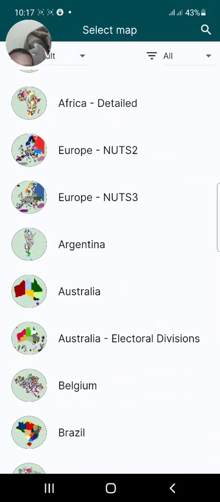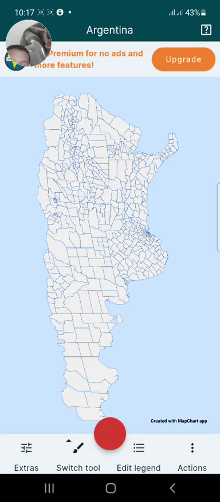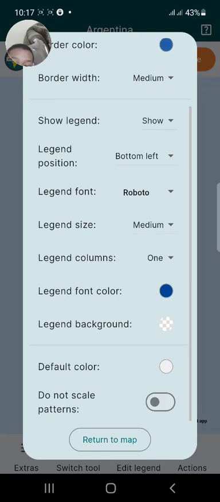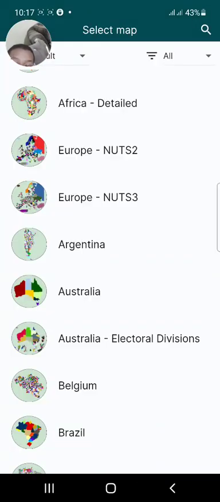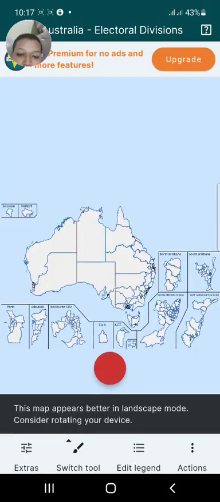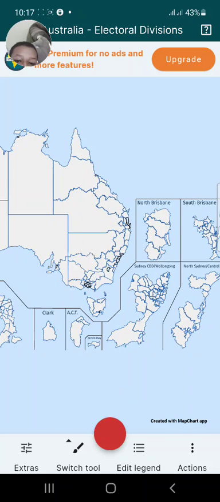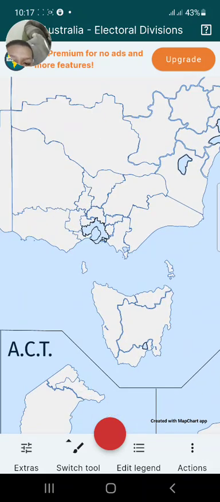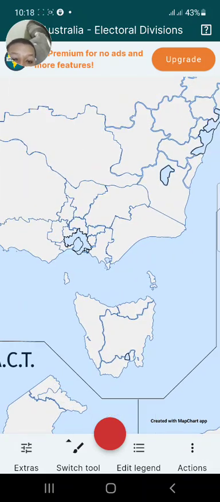Argentina, Australia, electoral divisions. Now these don't seem that gerrymandered.